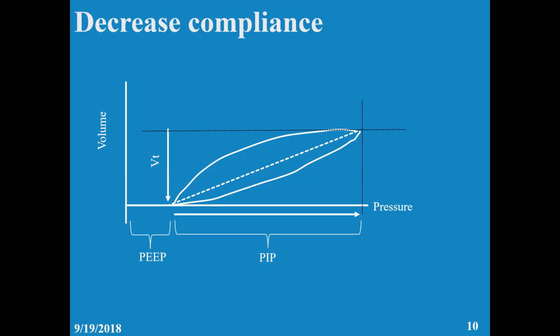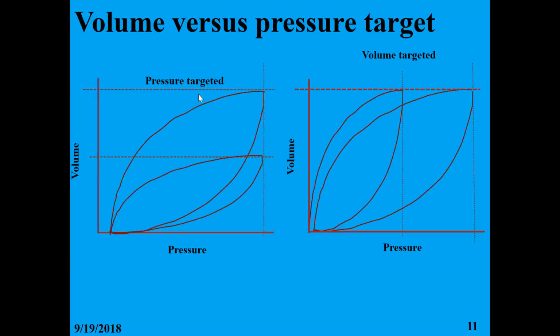Any question? Okay, now we will get it better. So you can see volume versus pressure target. Here, this is the pressure, sorry, and this is the volume. You can see here we have a pressure target.